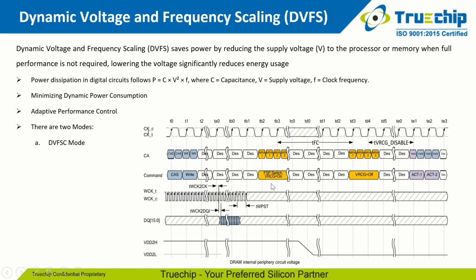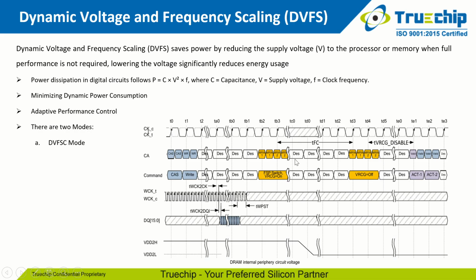Here you can see there is a command address strobe, that is CAS, followed by the write command, after which a write latency is applied and data is driven on the DQ bus after this latency. Here you can see the MRW mode register 1 command and MRW mode register 2 command, which come with the FSP switching with VRCG on.